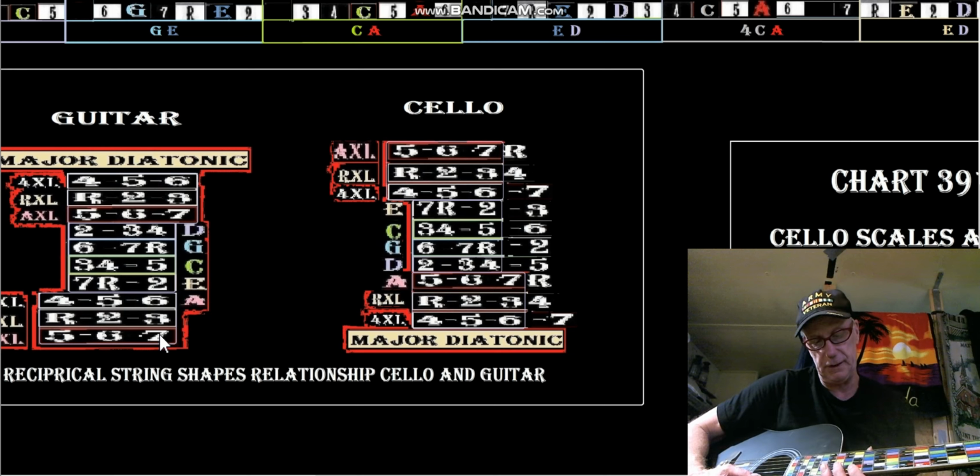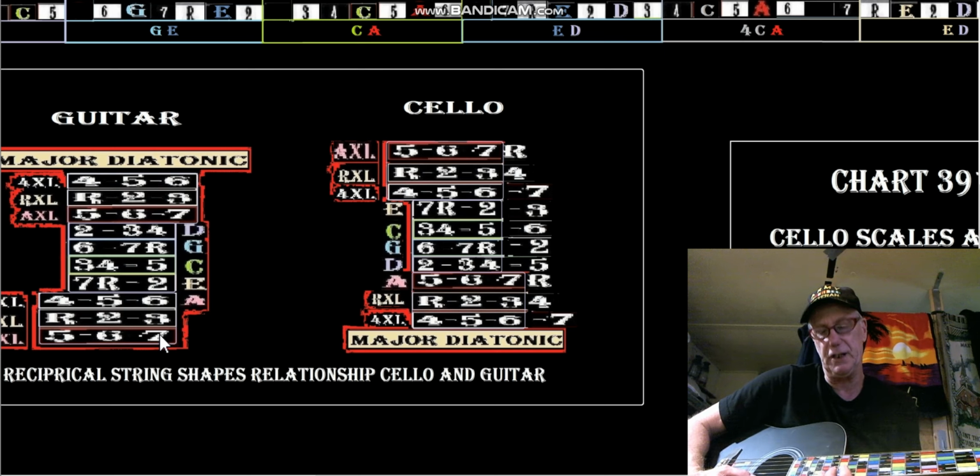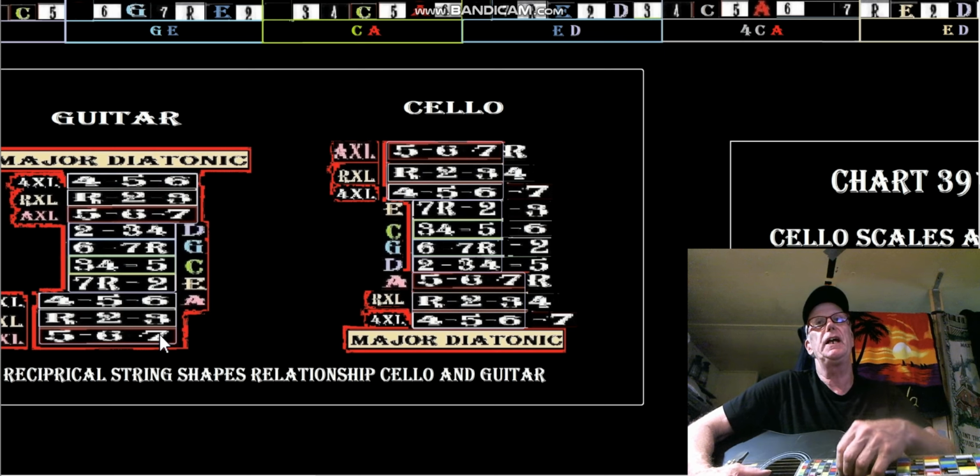Here's root, 2, 3, or then 7, 6, 5. Okay, but if it was cello, you'd have to play 3, 2, 1, and then go to the right 7, 6, 5 to create that fifth interval.